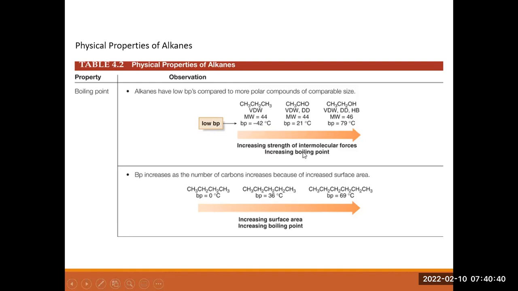Increasing the strength of intermolecular forces increases the boiling point. Boiling point increases as the number of carbons increases because of increased surface area. I believe I've said that before. The more carbons present, the higher the boiling point.